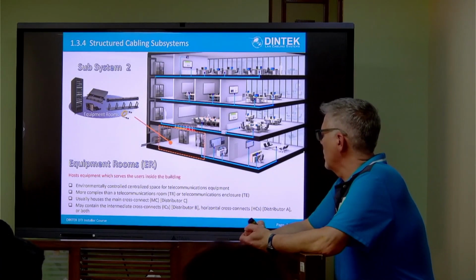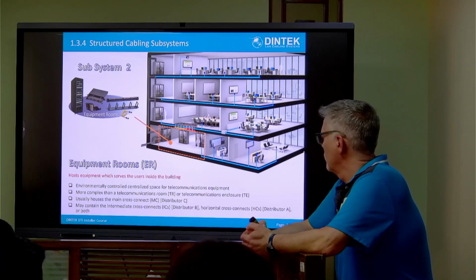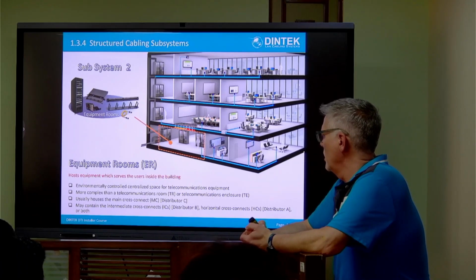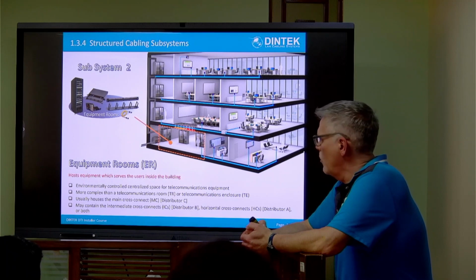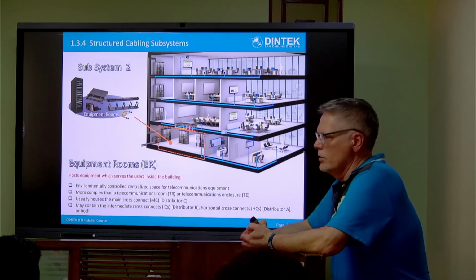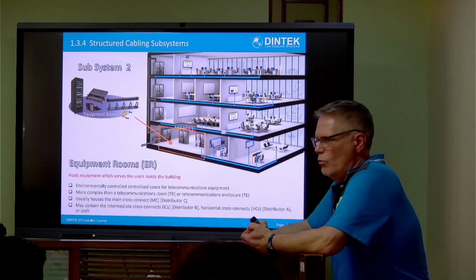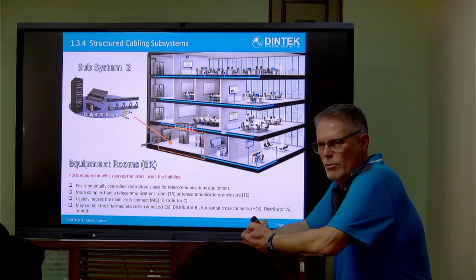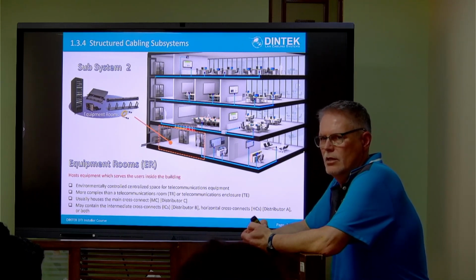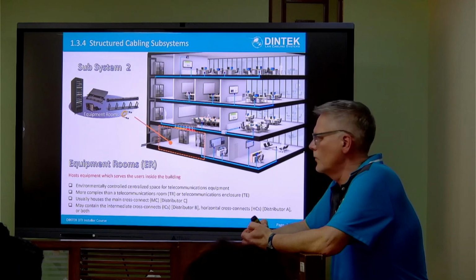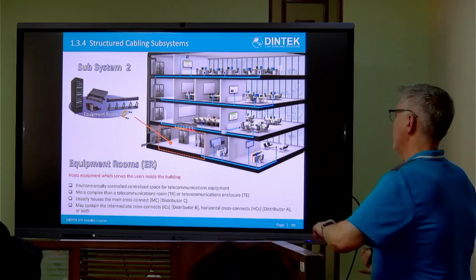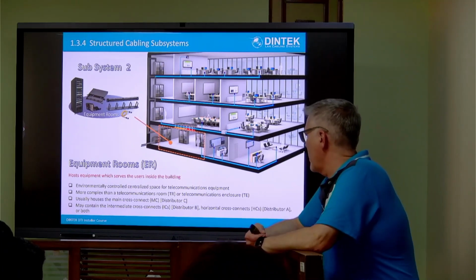Then we have things like the equipment room. So the equipment room hosts the equipment which serves users inside the building. What you would commonly refer to as a server room. It's an environmentally controlled centralized space.